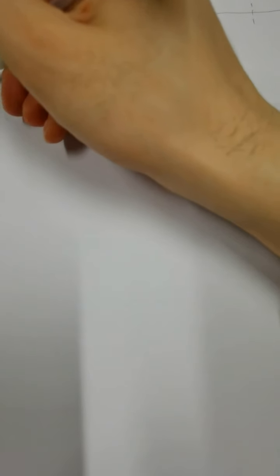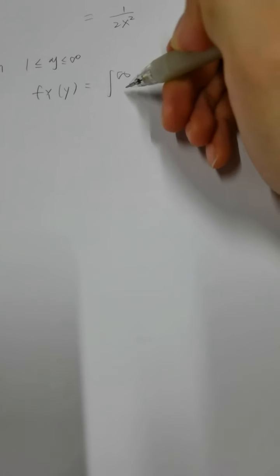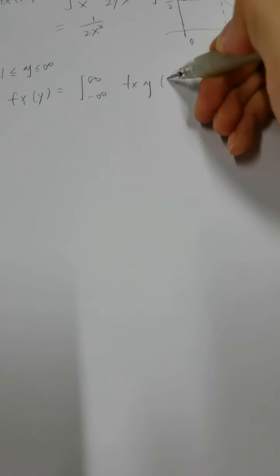For the second part, we need to calculate the fy. So when y is from 1 to infinity, we can calculate it from infinity to negative infinity. I want to write out the function formula first.